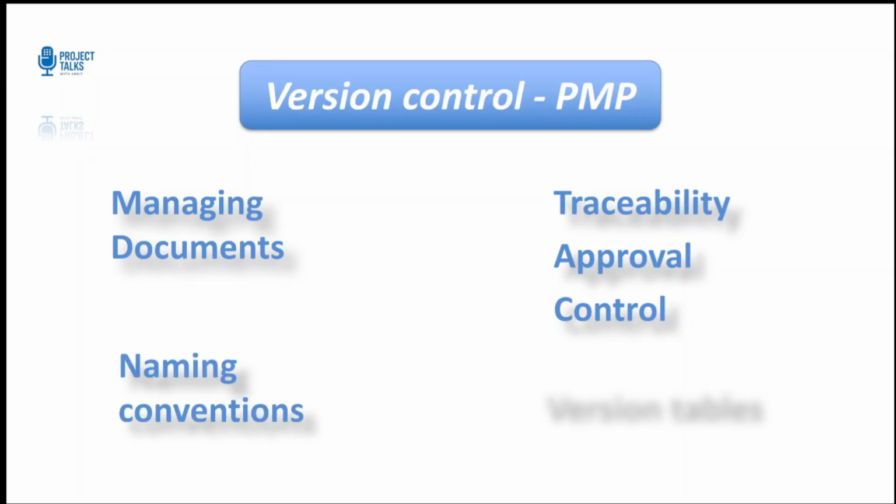This is managed through naming conventions, version tables, or document management systems. For example, the project manager updates the risk register from version 1.2 to version 1.3 after stakeholder review. The new version is uploaded to the master folder with change log updates, and everyone refers to the single approved copy.